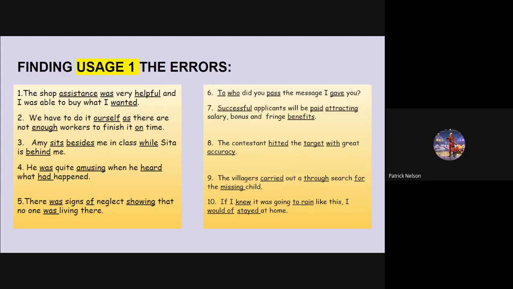What sounds off? Wanted. Really? Everything else seems fine to you? Would we say shop assistance or shop assistant? Yes, what I'm talking about.